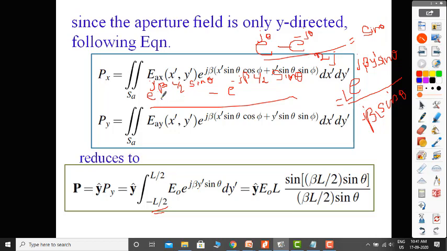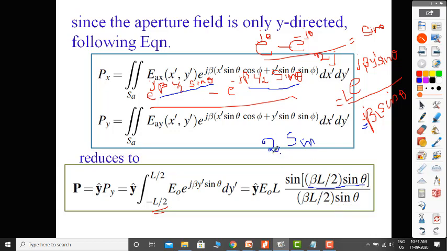This component is the theta: e raised to j theta minus e raised to minus j theta divided by 2j. Therefore, it can be represented as 2 sin theta, where theta is beta L by 2 sin theta.